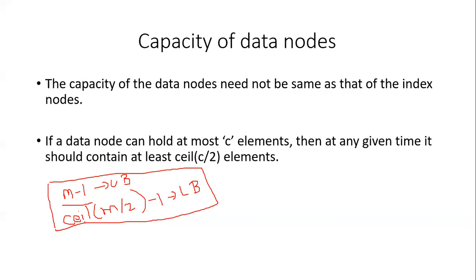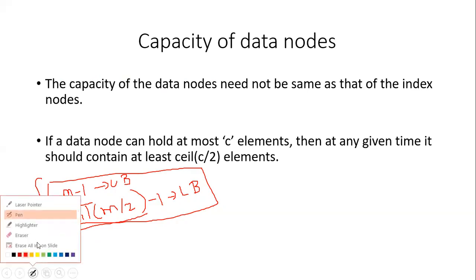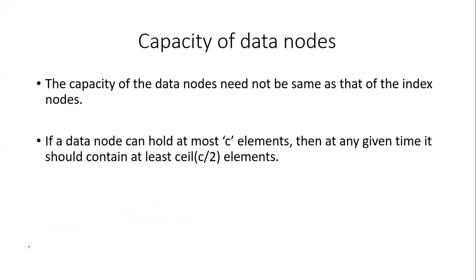All the index nodes can have a minimum of ceil of m by 2 minus 1 keys, and the root node can have a minimum of 1 key. So this property of a B tree is applicable for B plus trees also, but only for the root node and for index nodes. It is not applicable for the leaf nodes or the data nodes.